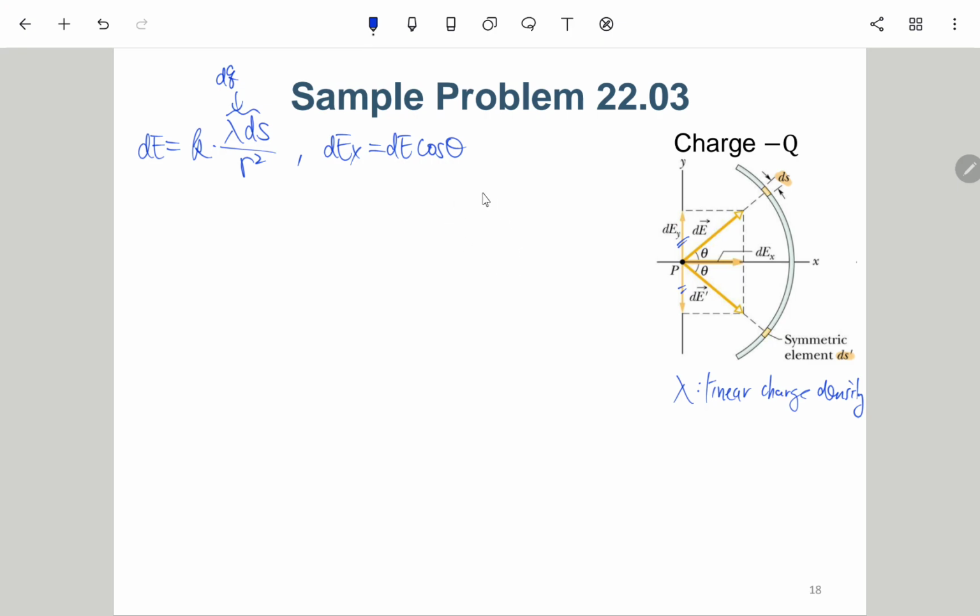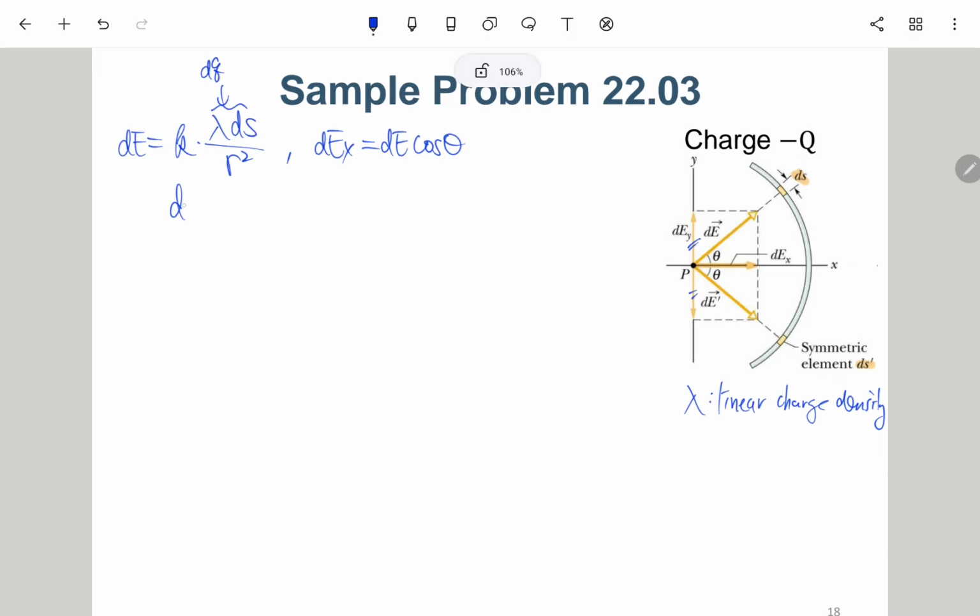So here we will try to change the variable of ds, which means that ds is actually r times d theta, using the polar coordinate.